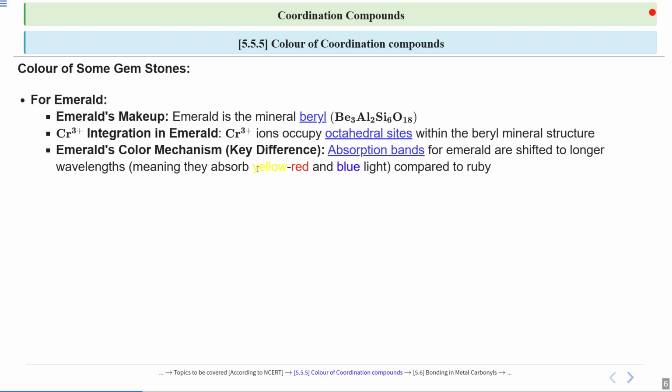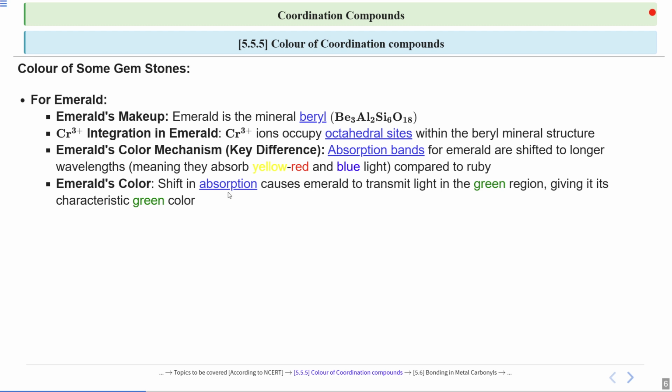Absorption bands means the specific region from which light is absorbed by the stone. So the absorption bands for emerald are shifted to longer wavelengths, which means it absorbs light of longer wavelength compared to the ruby. That means they absorb yellow, red, and blue light, the higher wavelength lights.